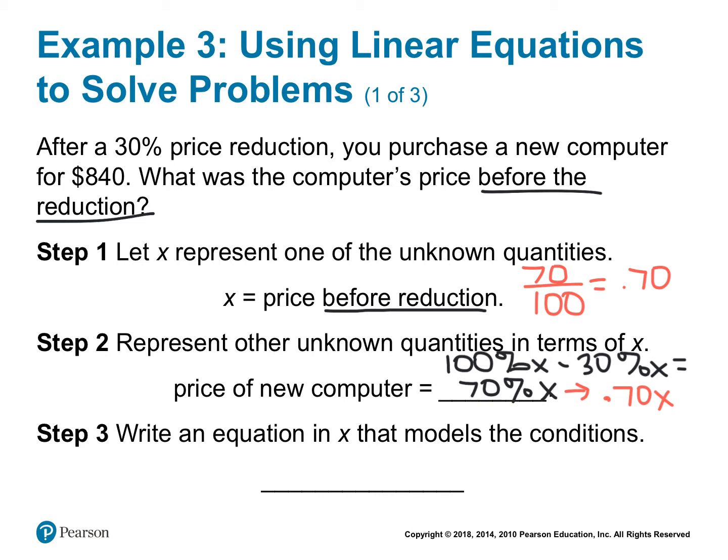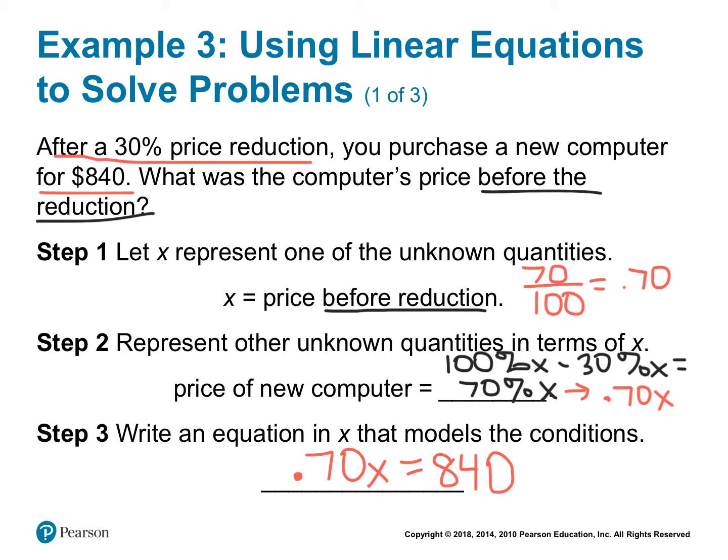So we said write an equation in X that models the conditions. We could just say that 70% of X is going to be our price after the reduction. And something else that we were told is that after that 30% reduction, it costs $840. So once we're at 70%, we're at $840.